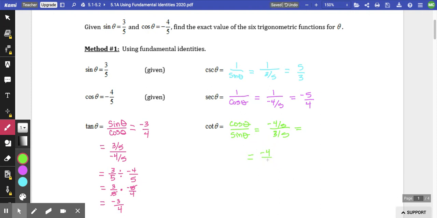So negative 4/5 divided by 3/5. That would be the same as negative 4/5 times 5/3, the reciprocal. Now again, the 5s would cancel, and so that leaves just a negative 4 times 1 on top and a 3 on the bottom. So this would be negative 4/3. And that's it.